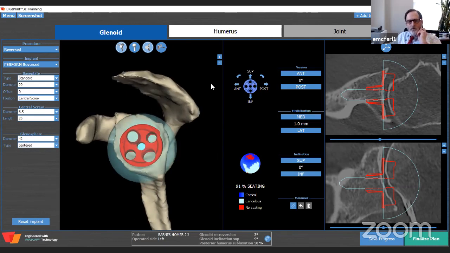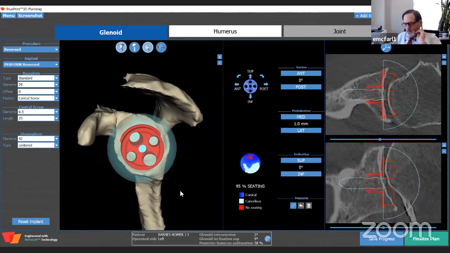Again, the beauty of the central screw prostheses is you just don't need a lot of bone. That may be the case with the pegged components. My bias against peg components is because early on with the Tornier, the Vermont Tornier prostheses in the mid 2000s, they didn't have a lot of instrumentation, so some of it was done by hand.